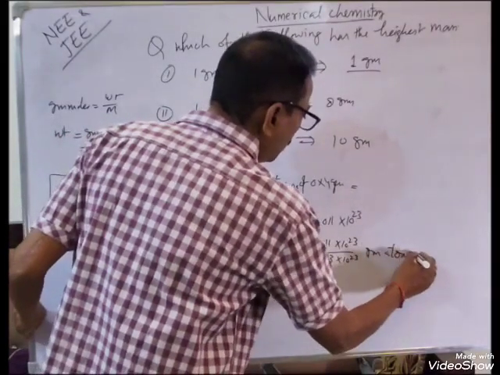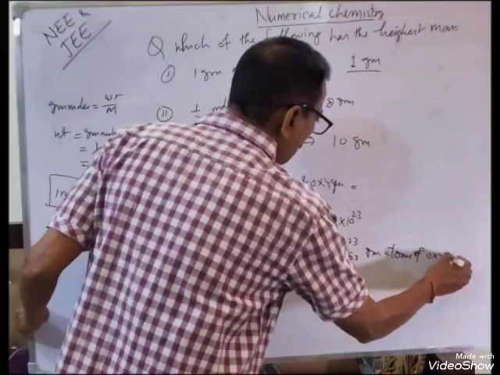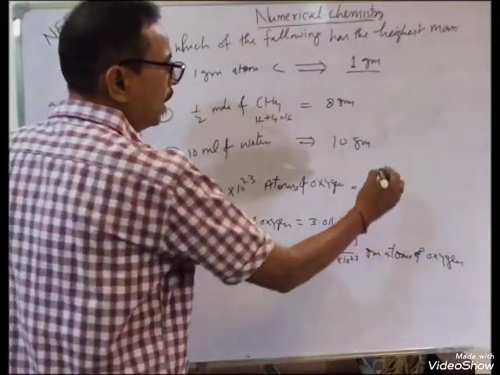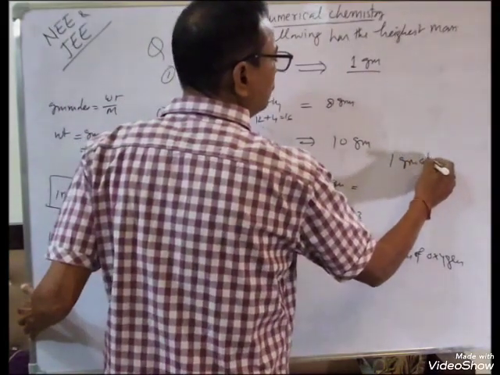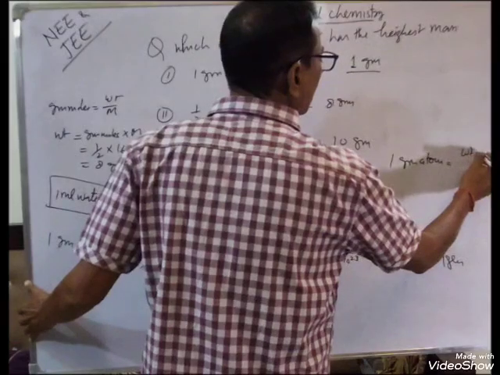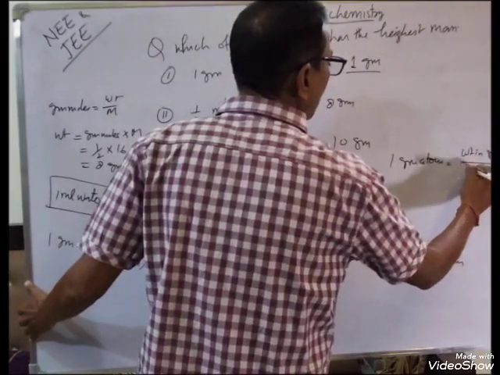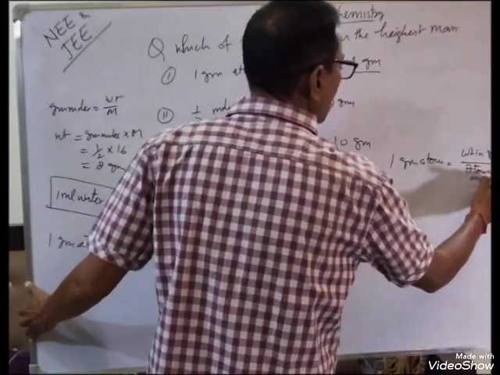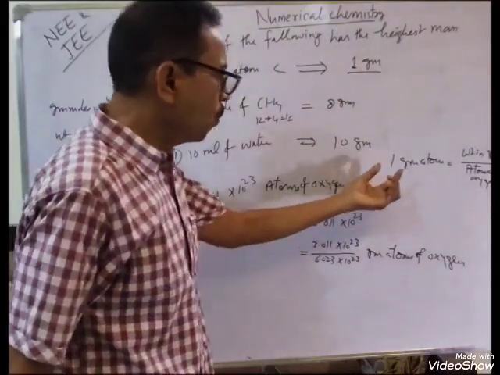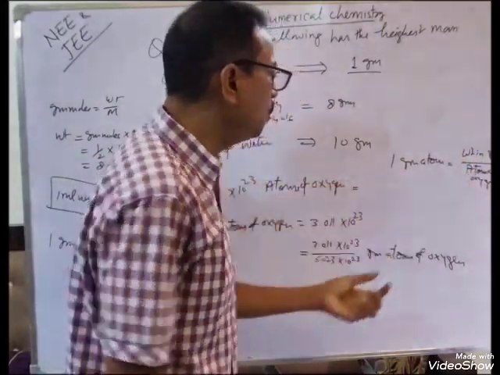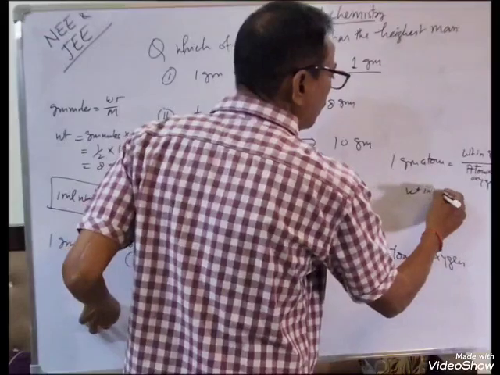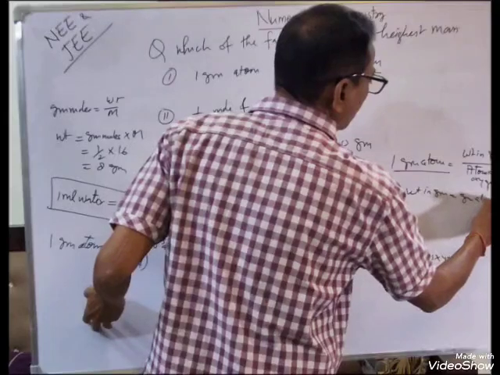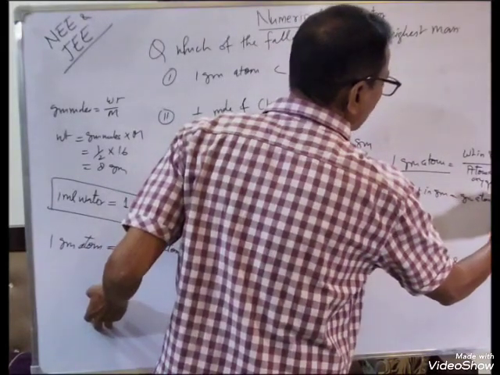Gram atoms of oxygen. So if you find out the gram atom, then you know that 1 gram atom equal to weight in gram divided by atomic weight of oxygen. So if you want the weight in gram, it means gram atom into atomic weight, because it is an atom, so atomic weight.